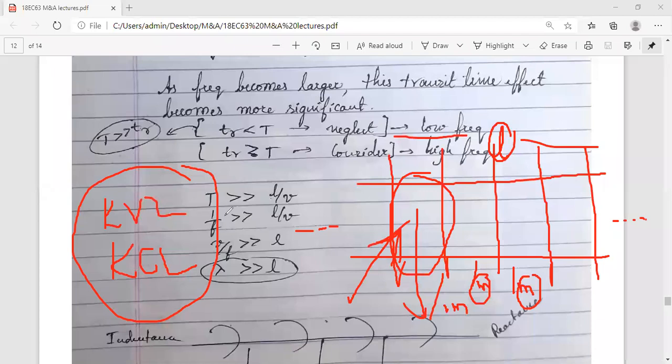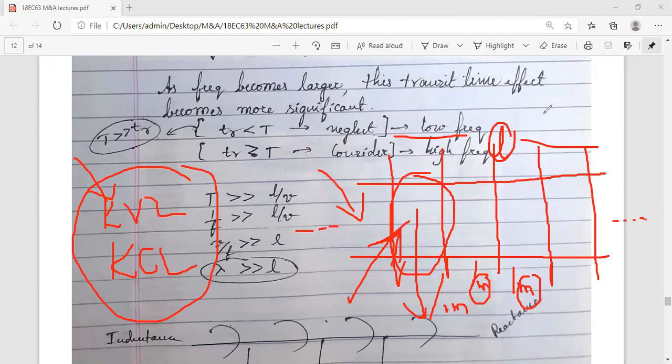Directly, as it is, we cannot apply it, so we have to make a few changes. But however, the basic laws we cannot avoid. So I can still make use of these basic laws which we use for low frequencies, even for these transmission lines, with certain little modifications.